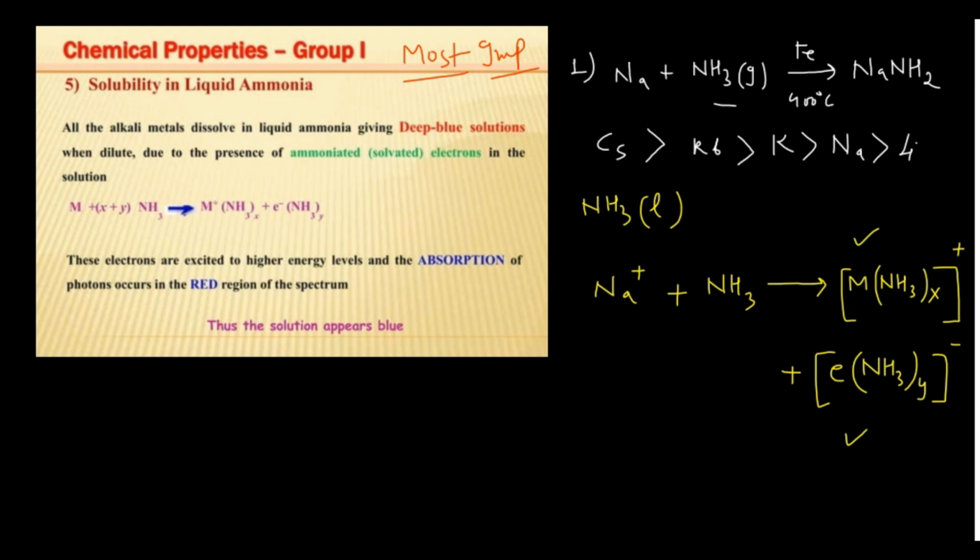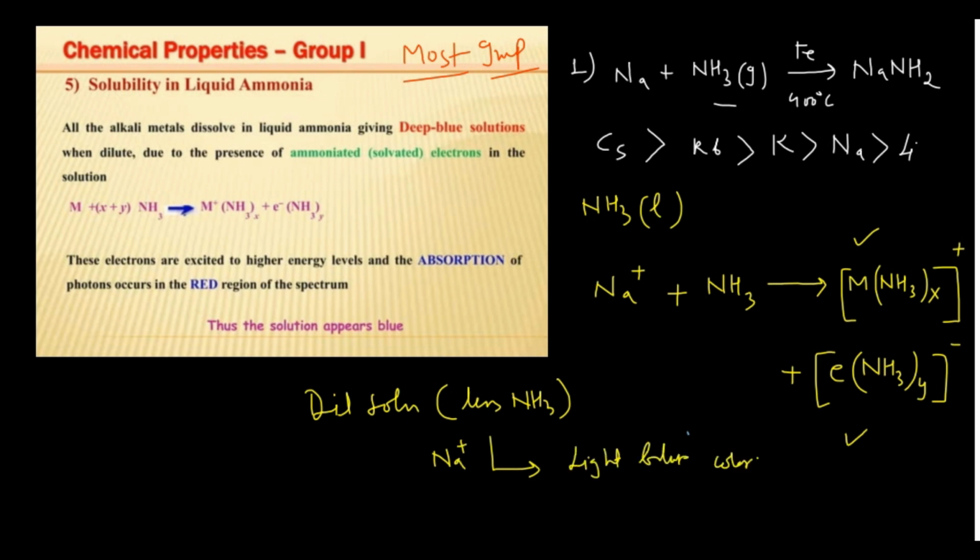Now, in dilute solution, which means less ammonia, when you put any metal like sodium metal, it will give you a light blue color. What should be the reason behind this? The reason is this ammoniated electron. So the color of the solution is due to the ammoniated electron.